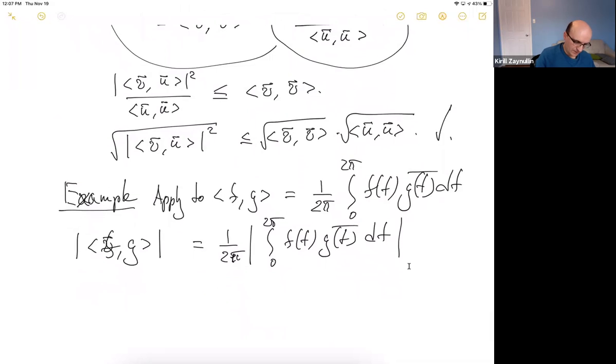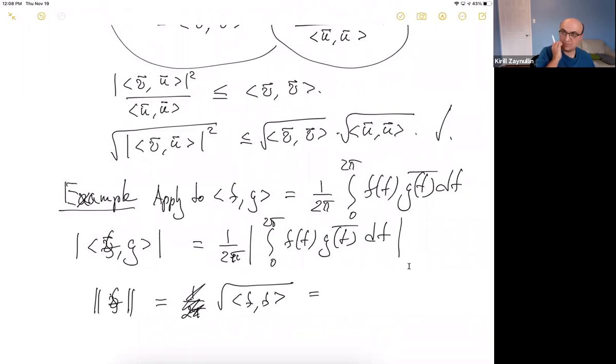Okay, now what is the length of f? Well, we also know that this is 1 over 2 pi, right? And then what we have to do is just take, okay, maybe I write it, the square root of f comma f, right? Yes, and that's clear, so here we just need to substitute and we will get the respective integral.